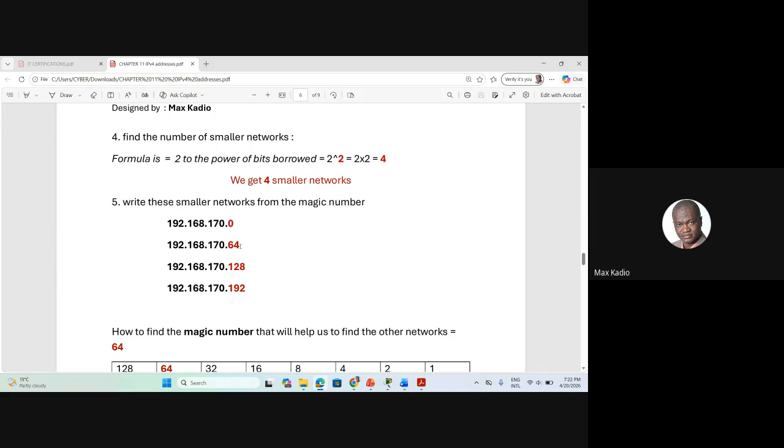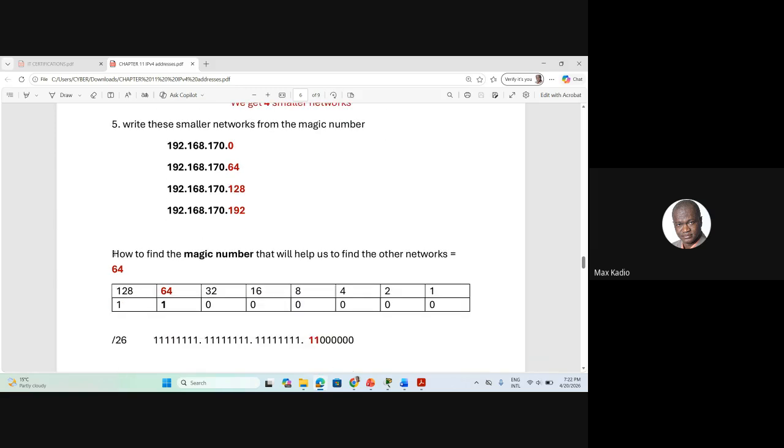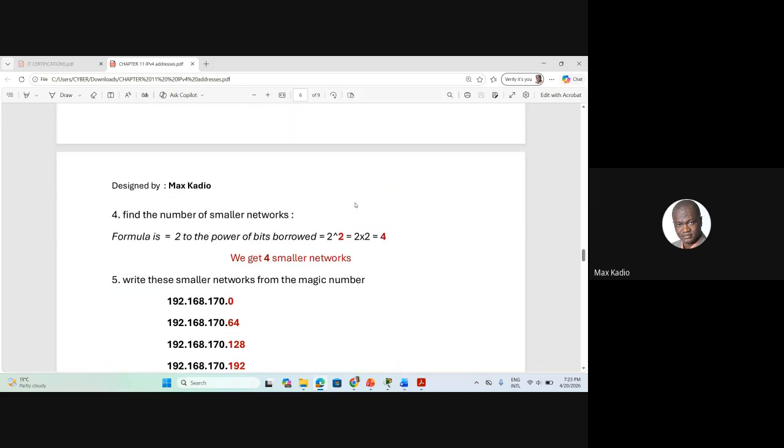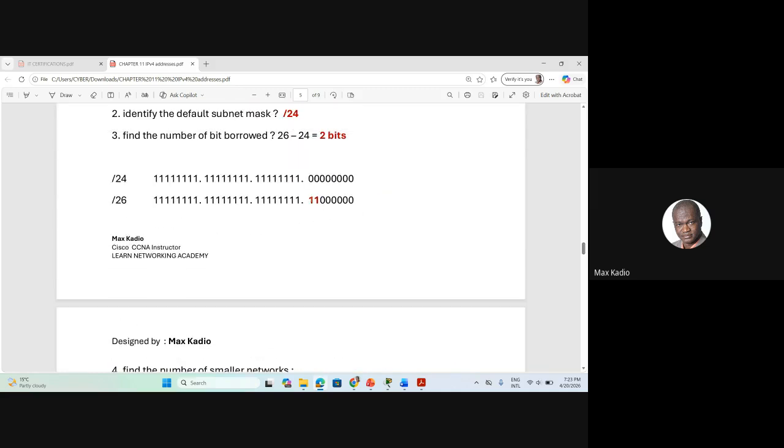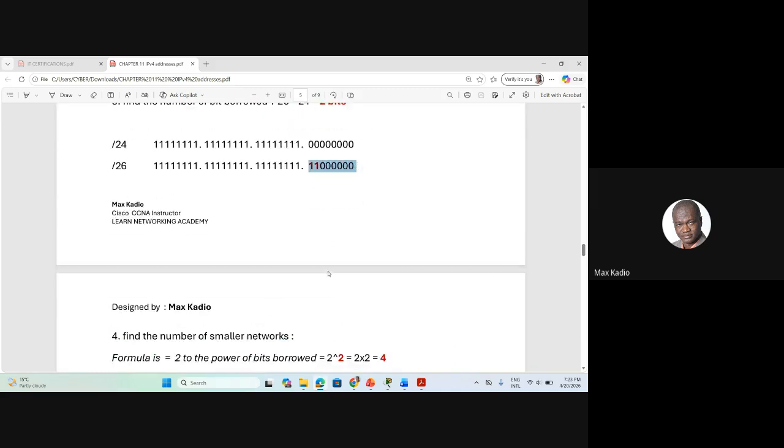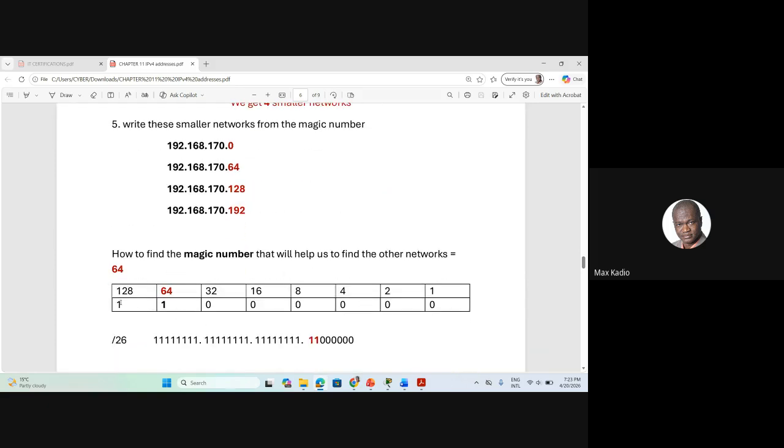To find the second one, you must do 0 plus the magic number. What is the magic number? How to find the magic number that will help us find the other networks? To find it, you take the last block and put it in your table. Then the last one from the right falls in 64.